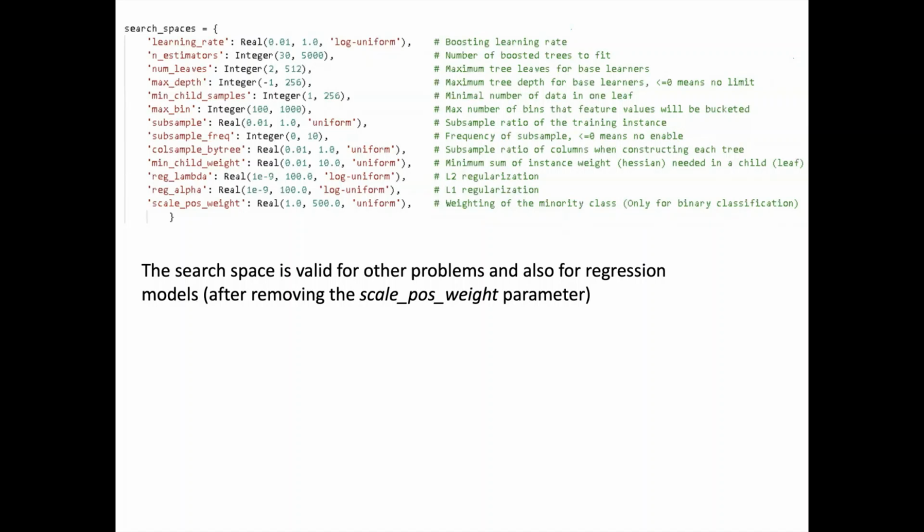And then you have max bin, which is the number of bins that each feature will be discretized into, because basically LightGBM can boost its efficiency by using a system called histogram-based.